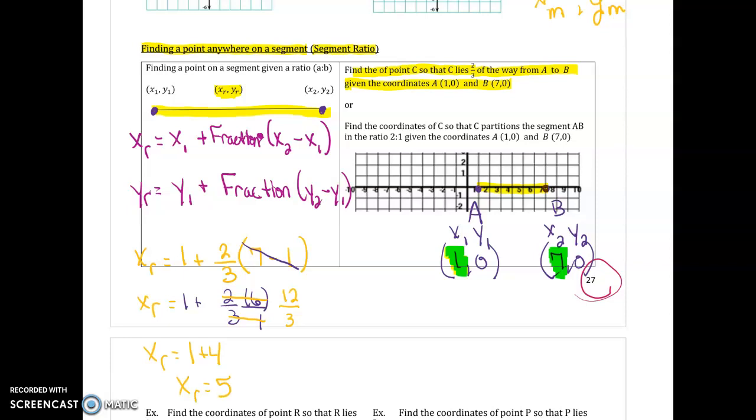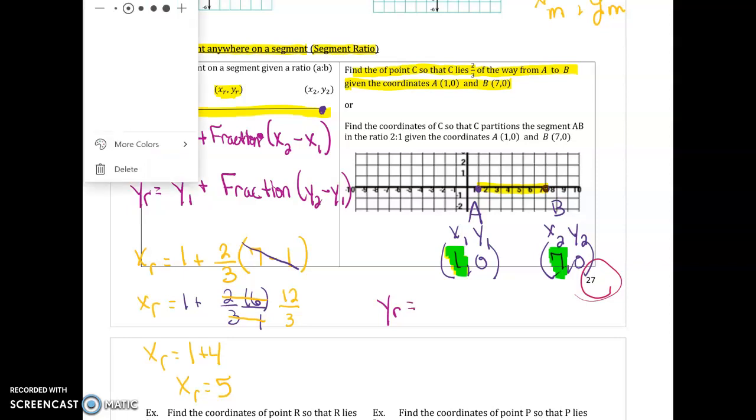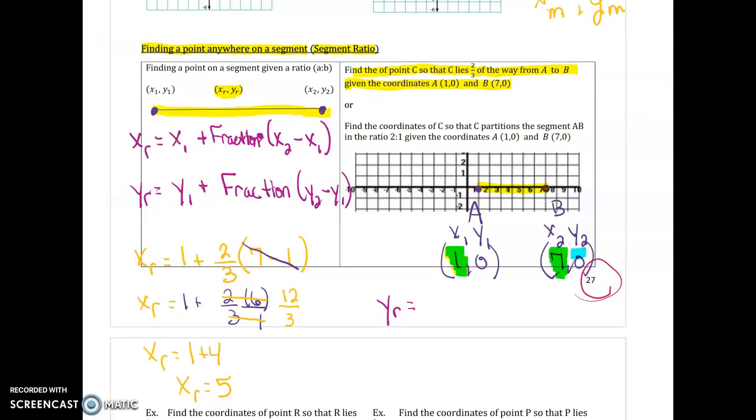And then I do the same for the y-coordinates. So let's try it with the y-coordinates. To find the y-coordinate of that segment ratio, somewhere on that yellow stretch of highlighted part on the graph, I start with y1, which is this 0.